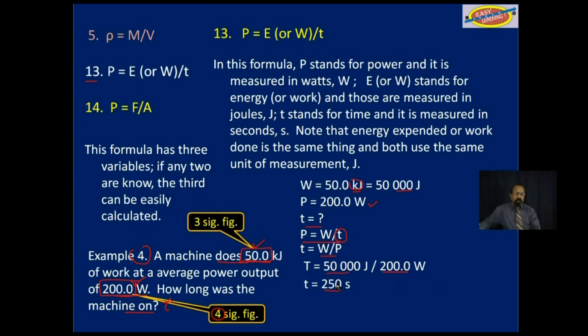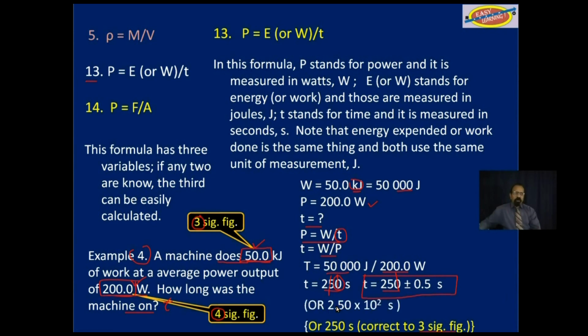But where is our uncertain digit? Is it at the ones or is it here? Now, since we want 3 significant figures, we will have to round off at this ones position where that 0 is. And so our answer is 250 plus or minus half of the ones position, which is 0.5 second. 250 seconds, correct to 3 significant figures, is also a correct way of writing it, but CXC prefers the plus or minus format.